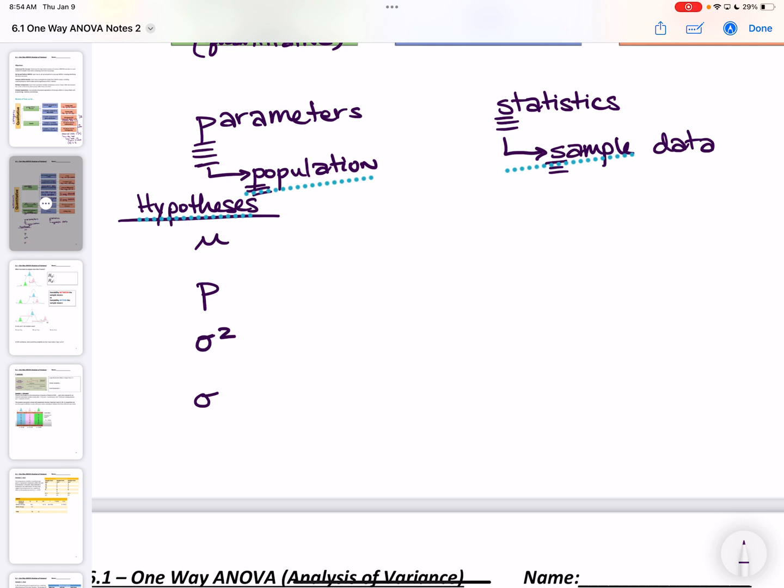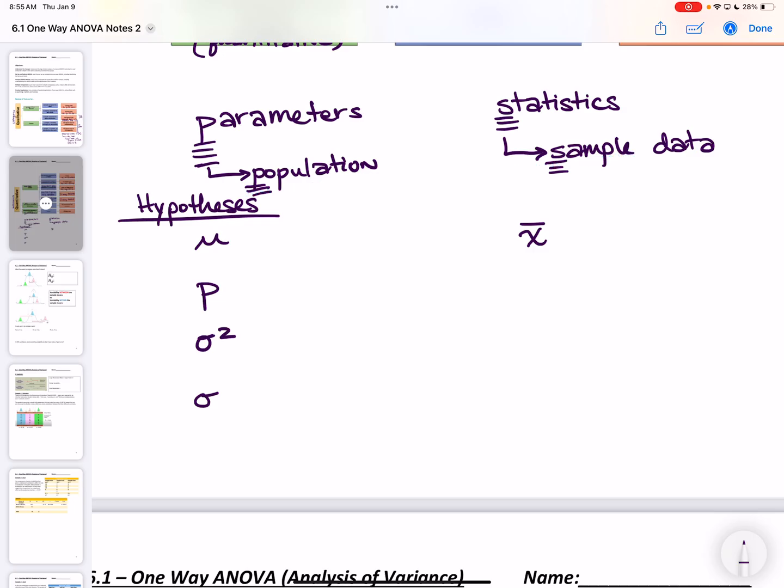So if I have mu in my hypotheses, then what should I report out? What sample statistic is also an average? X bar, yes, good. X bar, that's your sample.